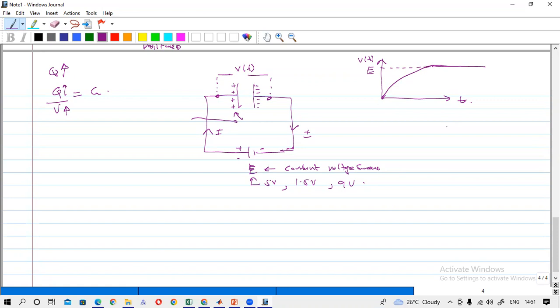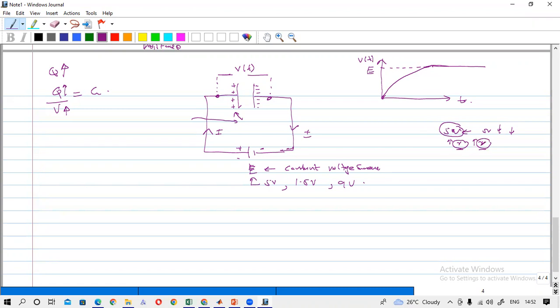Actually, if you connect the 5-volt battery, it does not come up to 5 volt. It is somewhat less than 5 volt, because the battery also has an internal resistance, and this capacitor also will have some resistance. So there is some voltage drop between these two resistances. It depends on the internal resistance of the battery and the capacitor.